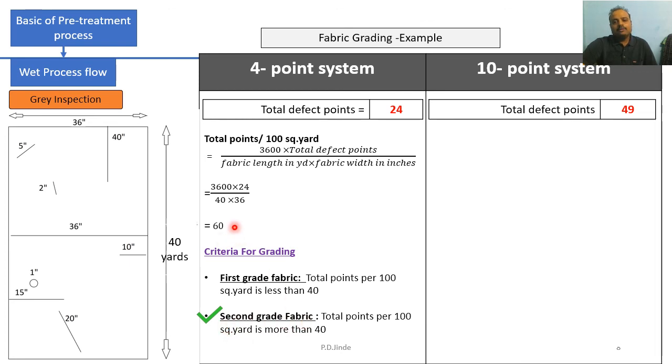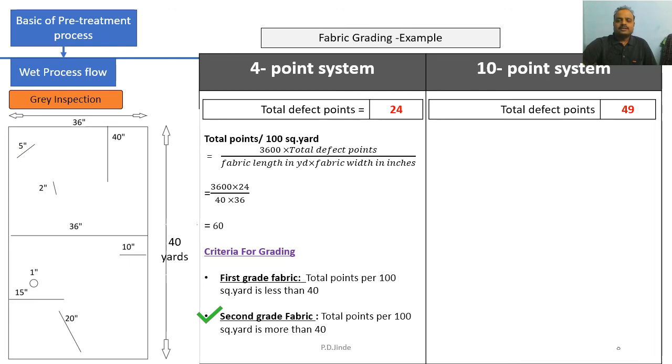If our defect points had been, let's say, 30, then in that case this fabric would be of first grade quality. But right now, considering all those defects, the total defect points is 60, so our fabric is second grade fabric. So the 4-point system shows this fabric is second grade.